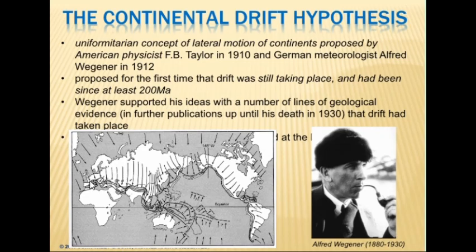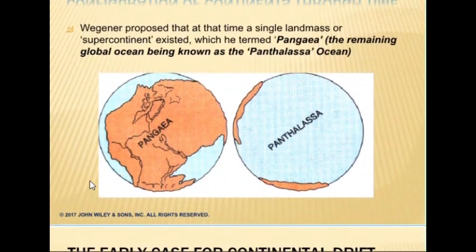This is Pangaea. And Wegener proposed that at that time we had a single supercontinent called Pangaea. And the rest of the sea, so if you flip this, we had Panthalassa, which was the sea there.